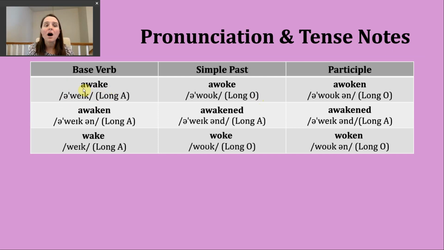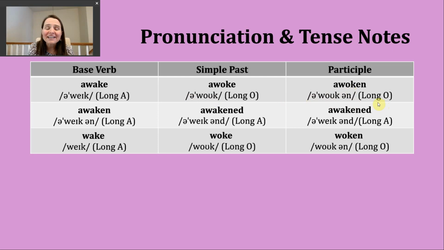Our first verb, awake, has a long A sound in the second syllable. It's an irregular verb. So in the past tense, we're going to make a long O sound and say awoke. And then our participle form of this verb is, again, irregular. It's pronounced awoken, so another long O sound here.